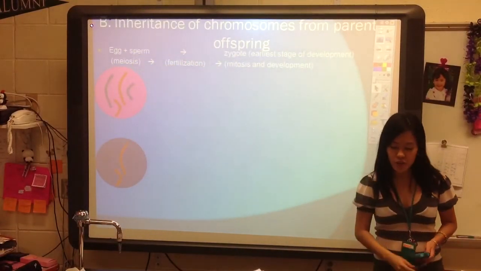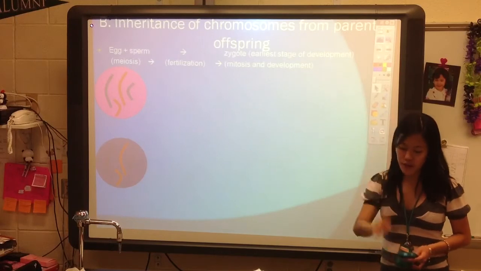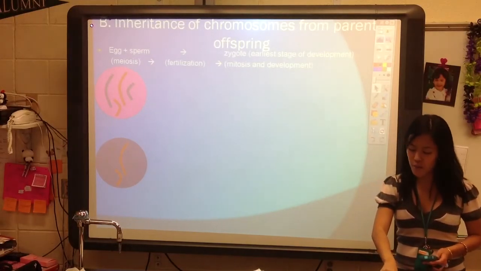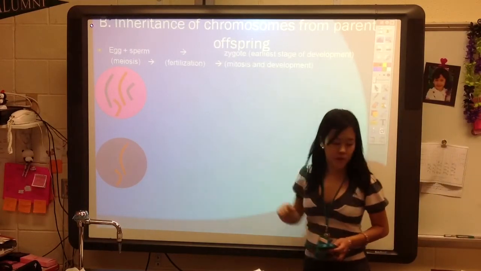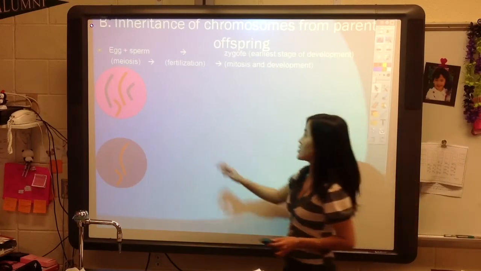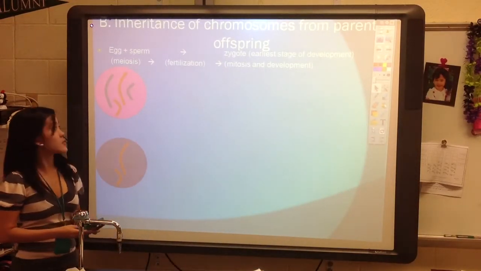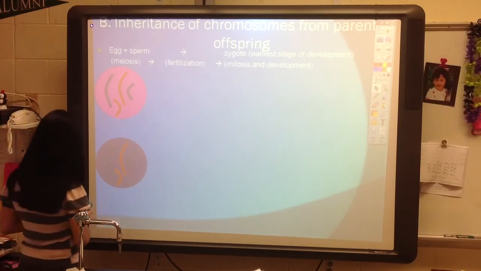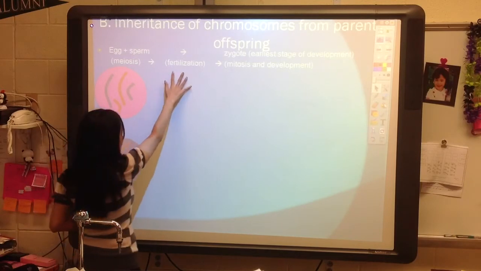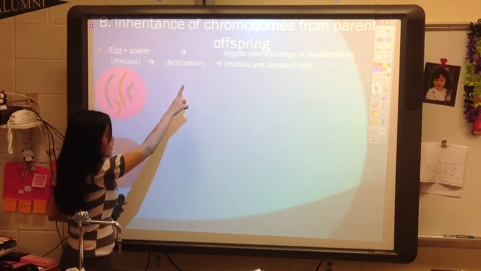In your notes, what you want to fill out is this top portion right here. Here you have egg from the mom and sperm from the dad. What is this process called that they have to go through to make those two? Well, that's meiosis.